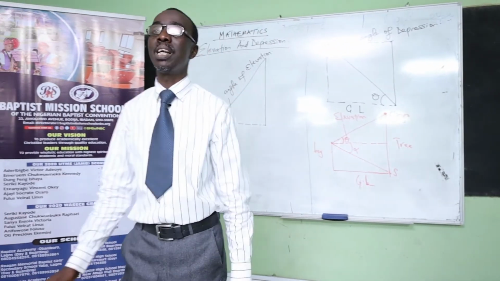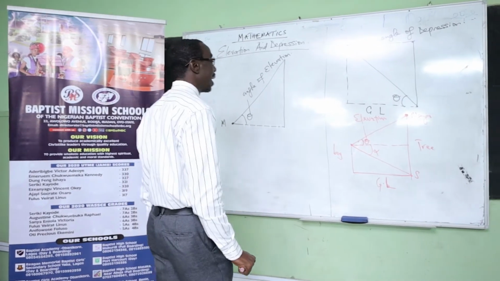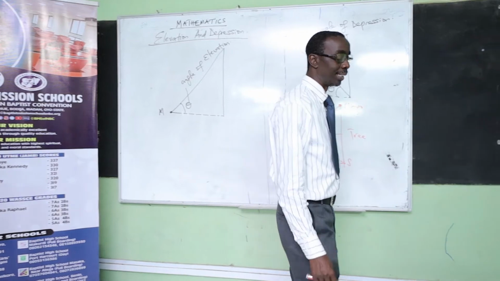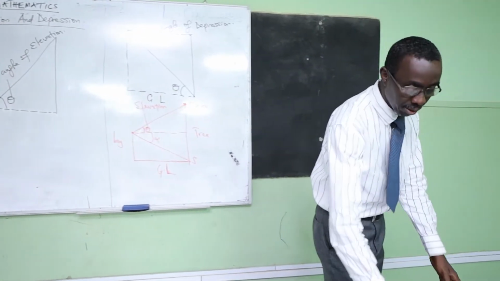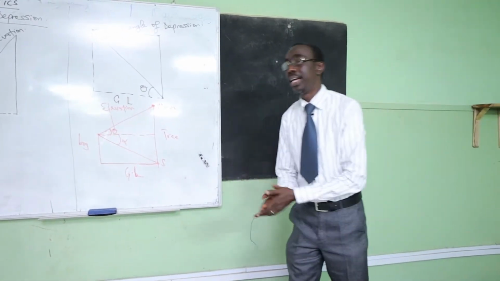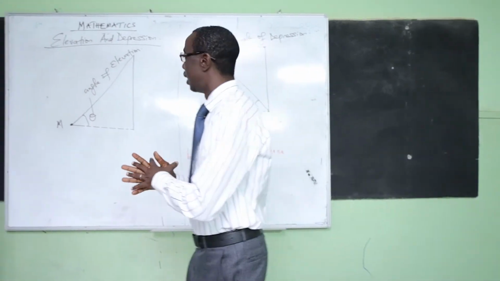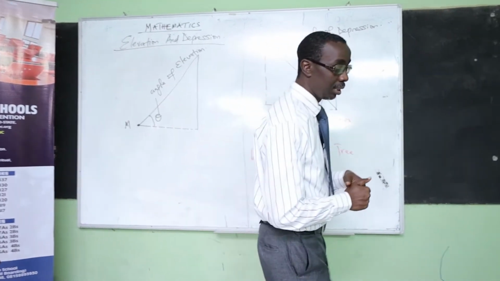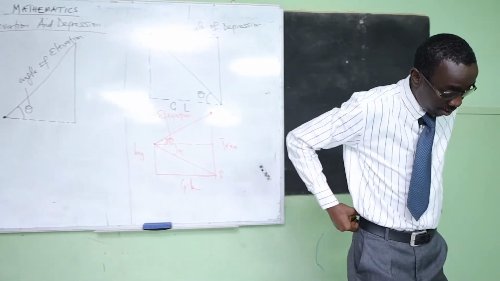That is also applicable for elevation and depression. Can we take our first example, example 1? Students, please, let's pick our pen and let's write quickly so that we can manage our time effectively well.